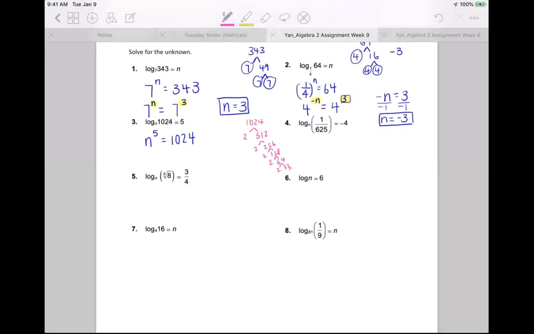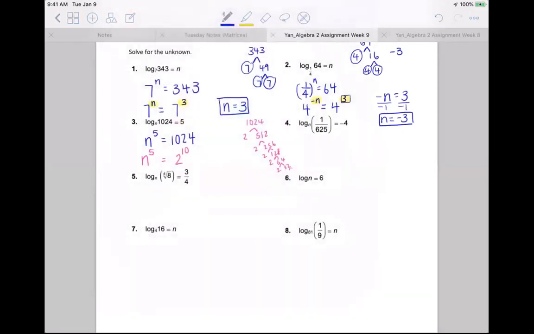You can keep going, but when you keep breaking down 32, in total of 2s you have 2 to the 10th power, and this equals n to the 5th power.